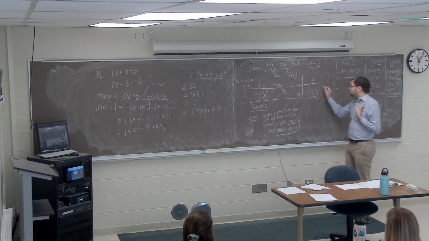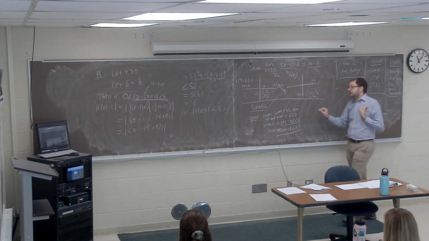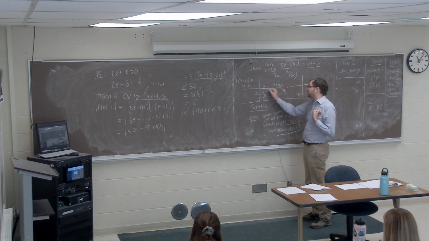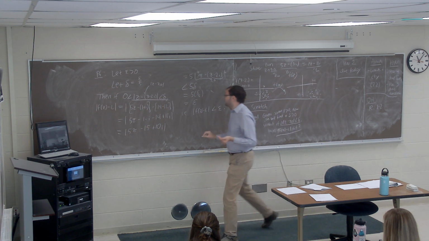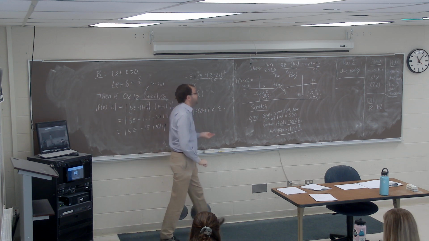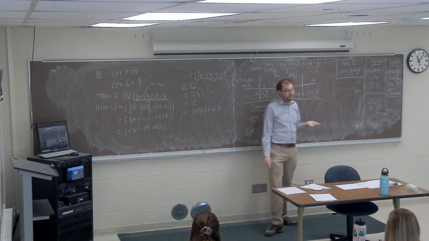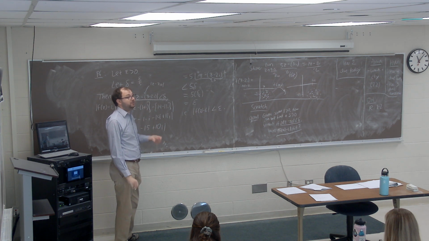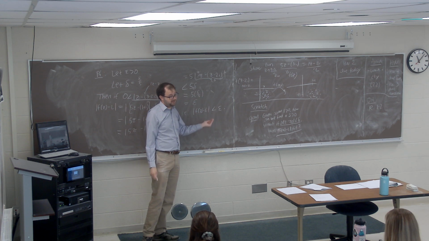We showed that if we drew any epsilon neighborhood of our L value over here, we could also find some delta neighborhood of z naught, so that all points in this delta neighborhood of z naught, meaning all points that satisfy the distance from z to z naught is less than delta, are going to have to map to points that are within our epsilon neighborhood of L. Meaning all points satisfying distance from z to z naught less than delta have to additionally satisfy that distance from f of z to L is less than epsilon.